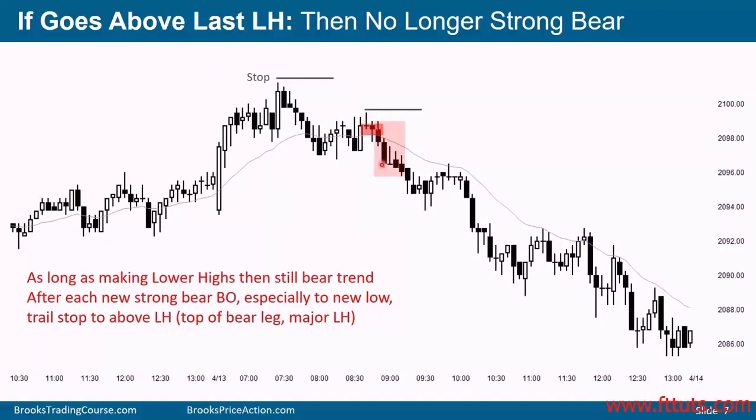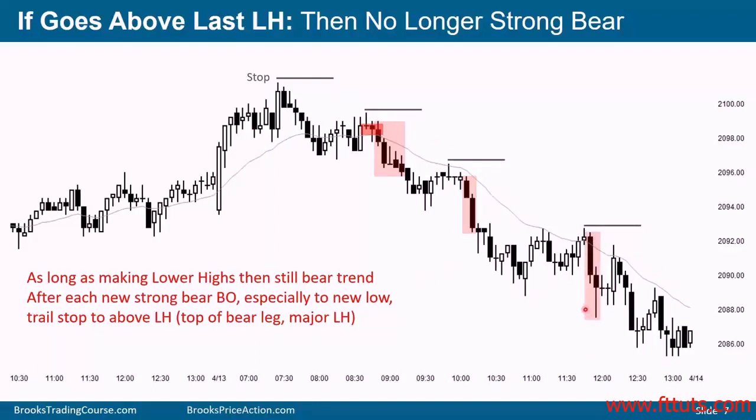Strong bear breakout, reasonable to lower your stop to here. This then becomes a major lower high. After this close, it's a strong breakout to a new low in a bear trend. If the bear trend is going to continue, it should not get above this high, and therefore you can lower your stop from here to here.